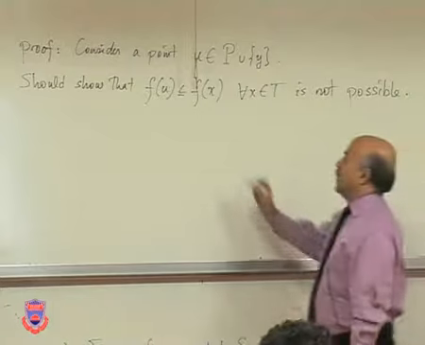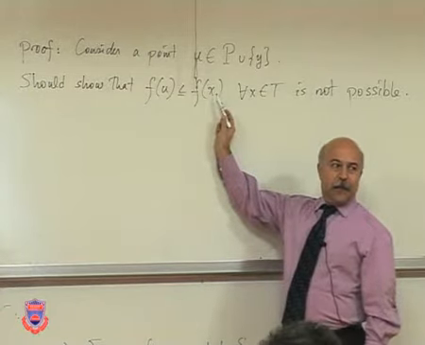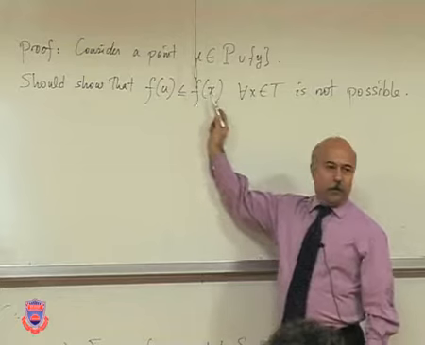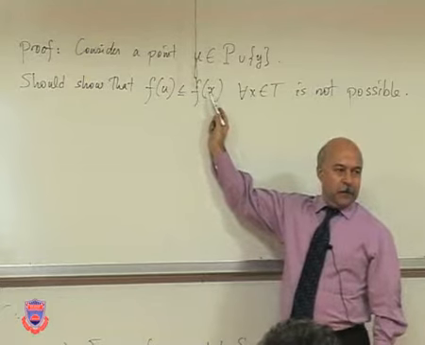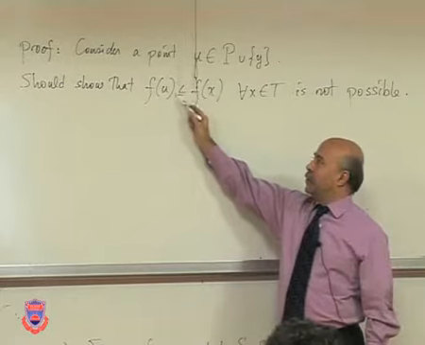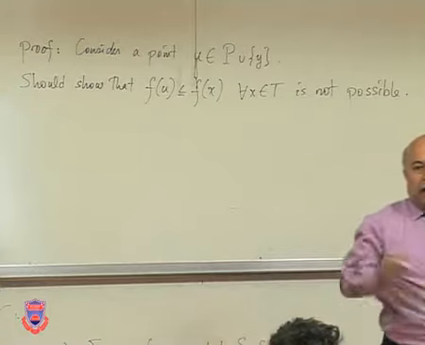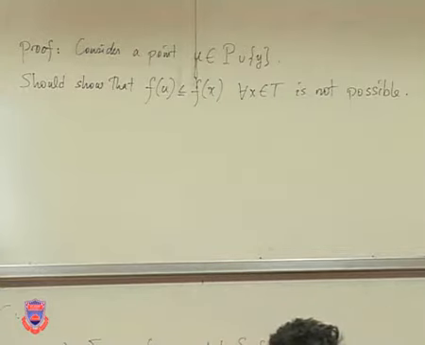So, it suffices to find a particular x which reverses the inequality. If you can find a particular x where the inequality is actually strict, reversed, f of u is greater than f of that x, then you're done, okay? Then that means u cannot be optimal. Find me such an x.